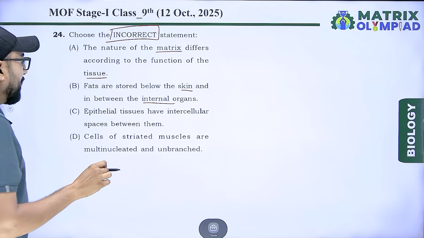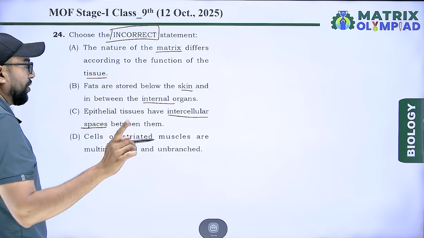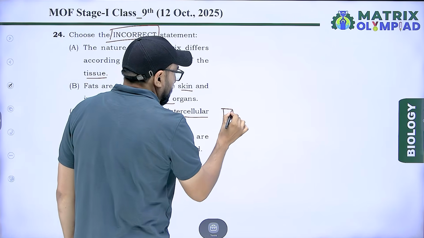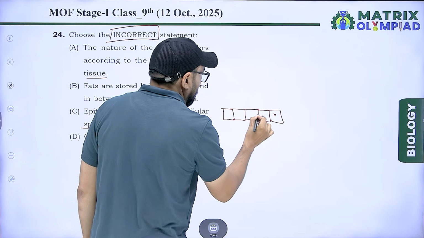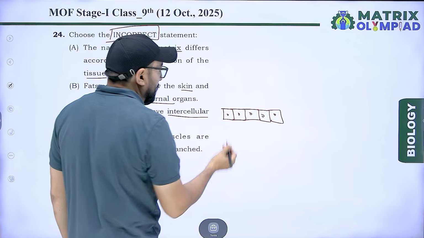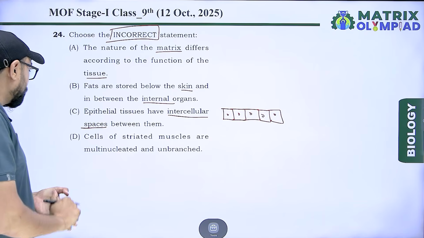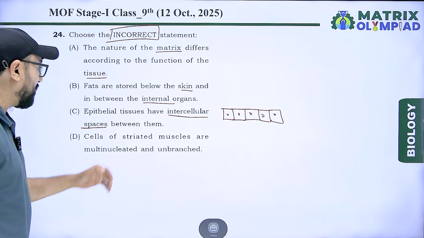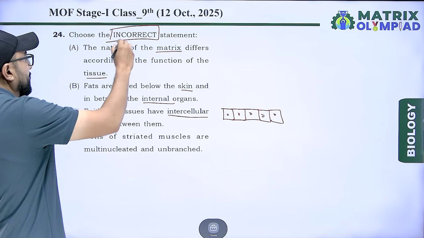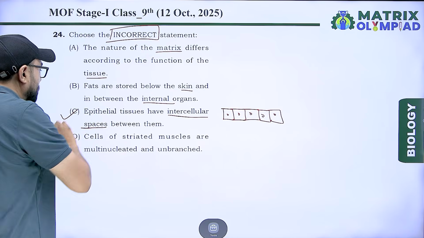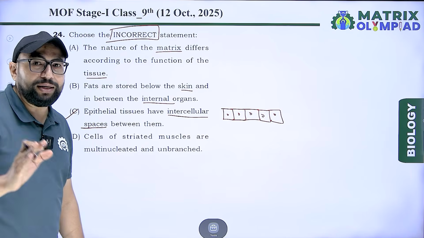Epithelial tissue has intercellular space, that is wrong, because the cells are packed like this and there is no intercellular space between epithelial tissue. Cells of striated muscles are multinucleated and unbranched. So the incorrect statement is that epithelial tissue has intercellular space between them.